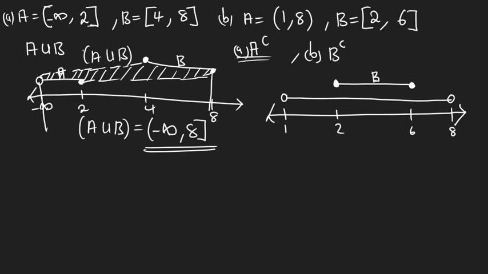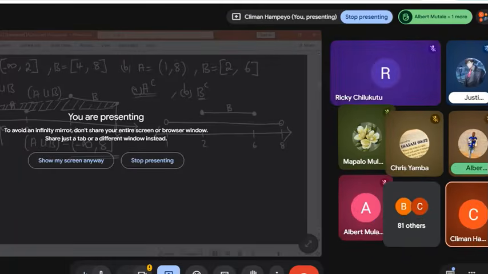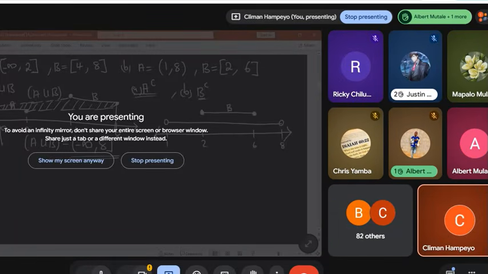Then they are saying B complement. Now, please listen to what I'm going to say right now. Complement under interval notation is the opposite of whatever circle is there.